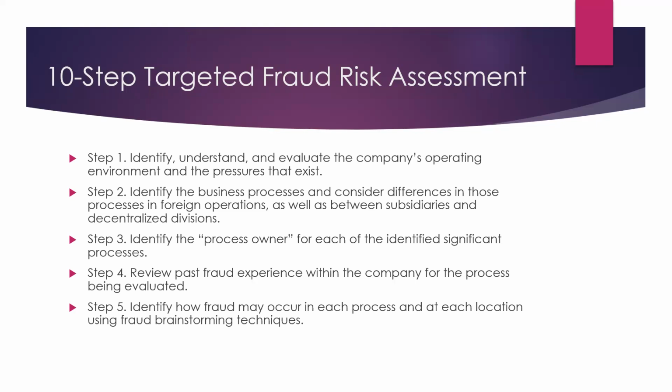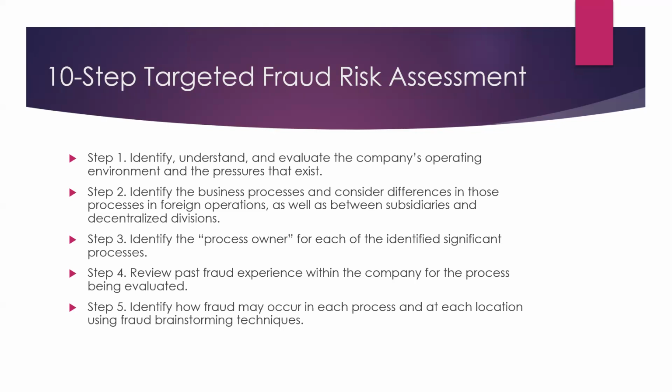Step 2 is to include the identification of key business processes, as well as the difference in the processes identified between local and foreign operations. Then in step 3, we want to identify the process owner. The process owner is the individual who has the day-to-day authority and ability to alter the standard operating procedures. So, who can do management override to accomplish the goals and objectives of that organization. So step 3 is to identify that process owner.